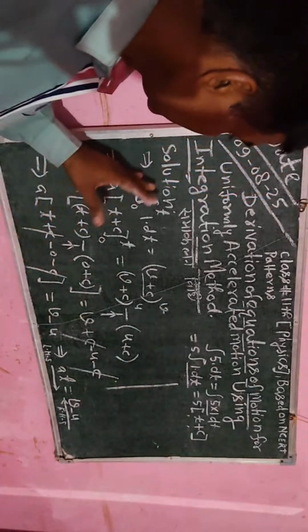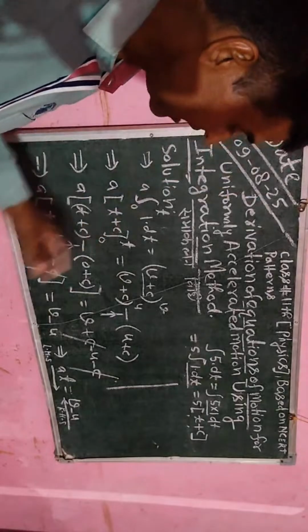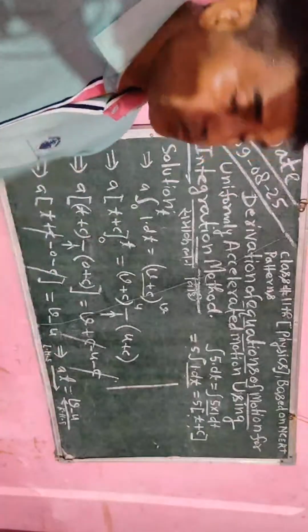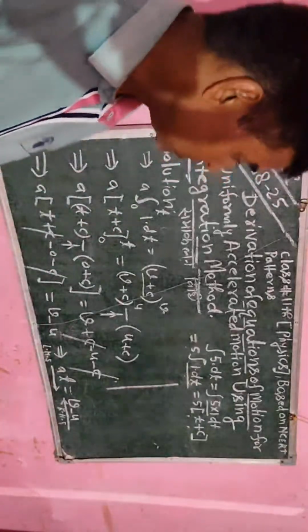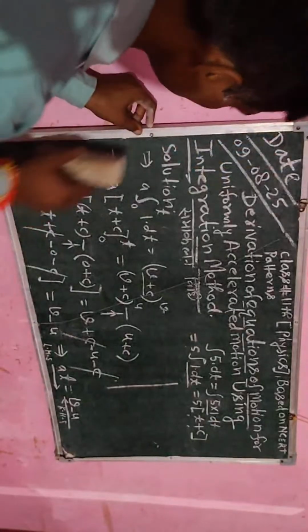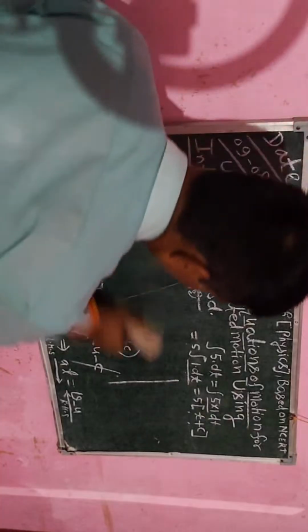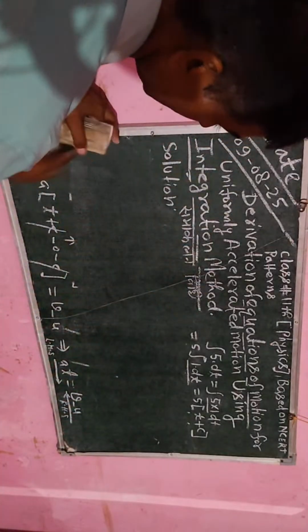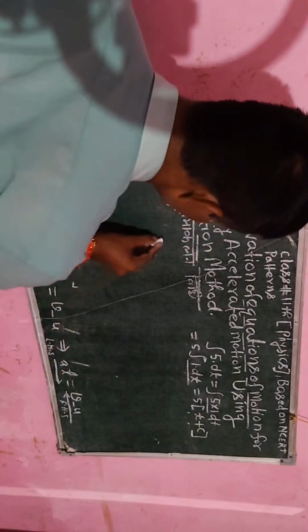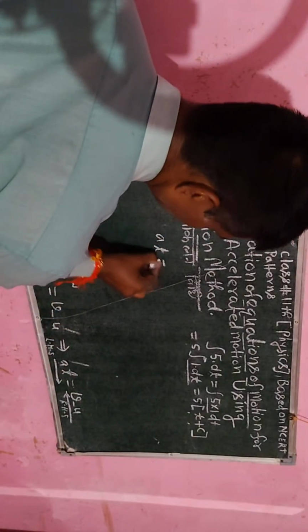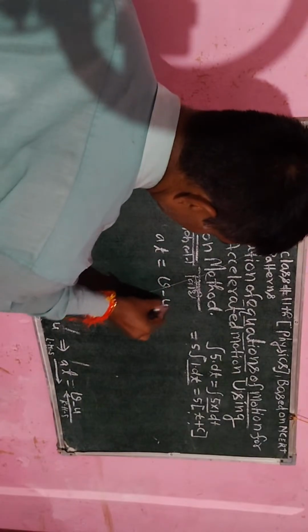Okay, further I will erase above data and then I will simplify the value information for reaching to the destination. Okay student, so you concentrate on this topic for understanding each and every information in detail. So first of all, here I have written a into t, which is equal to v minus u.